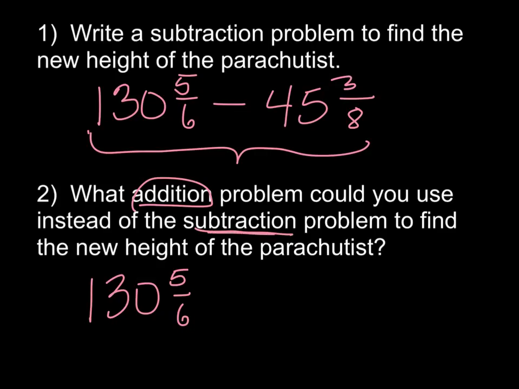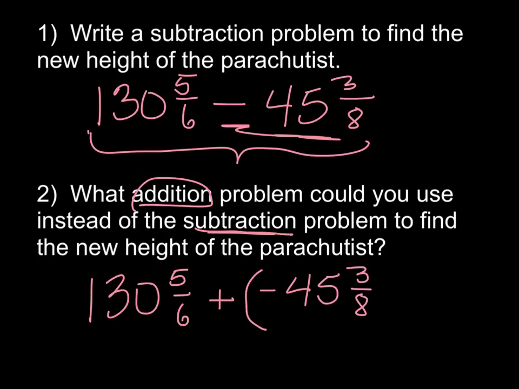So here we know we have to add. Well, what's the same thing as subtracting 45 and 3/8? That would be adding the opposite, which is negative 45 and 3/8. These two expressions are equivalent.